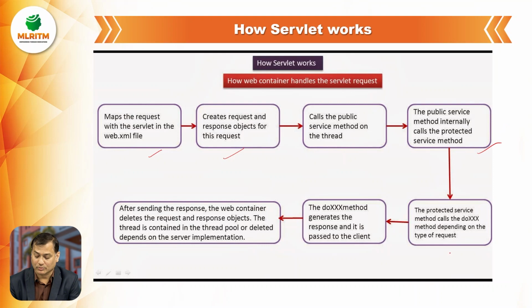The protected service method calls the service methods depending upon the type of request. Then the service method generates the response and it is passed to the client. After sending the response, the web container deletes the request and response objects. The thread is either kept in the thread pool or deleted, depending upon the server implementation.